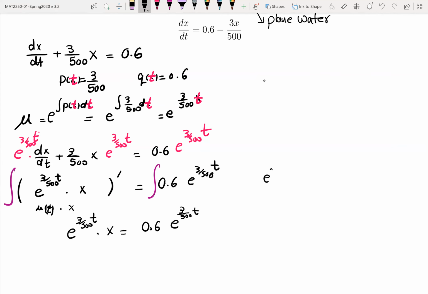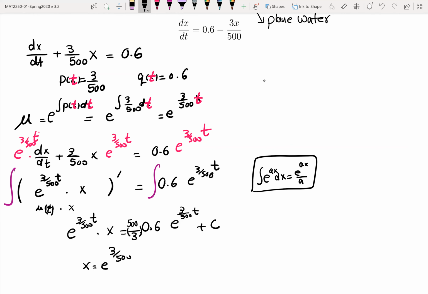So e to the ax dx is e to the ax divided by a, right? So that is divided by 3 over 500, plus a constant.